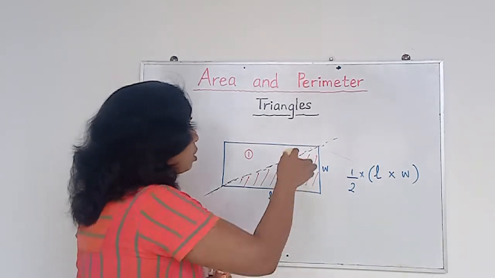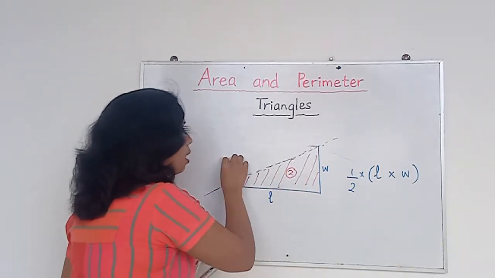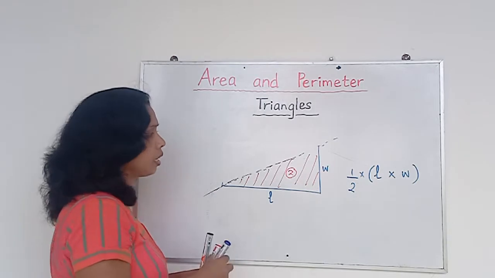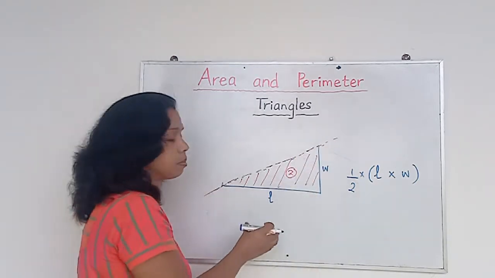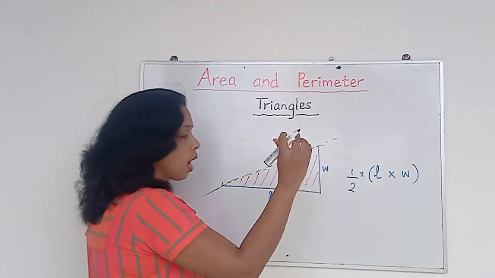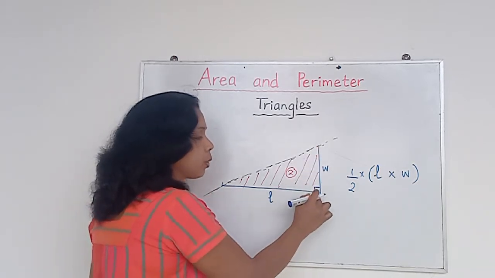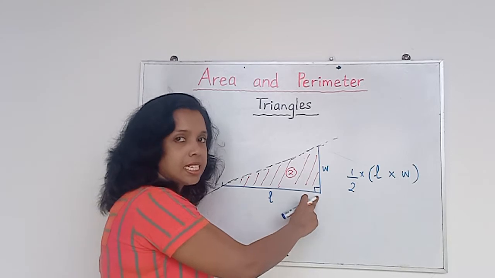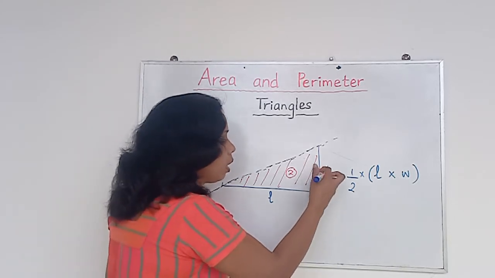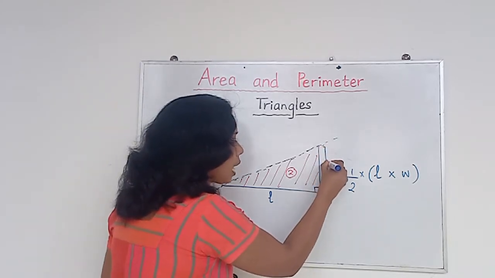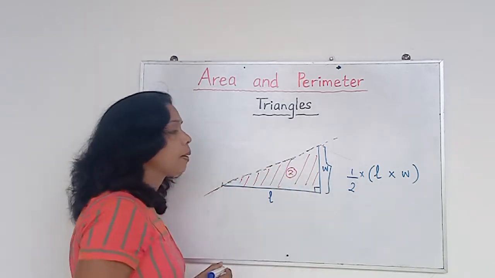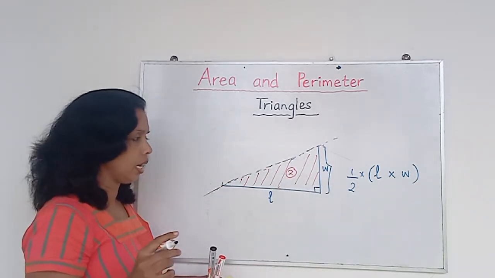Let's think. So this is a rectangle now. Children, now we don't use these terms, length and width. Why? Can you remember? I told you, when these two sides meet together, there is a right angle. So here we name this side the perpendicular height. Why?